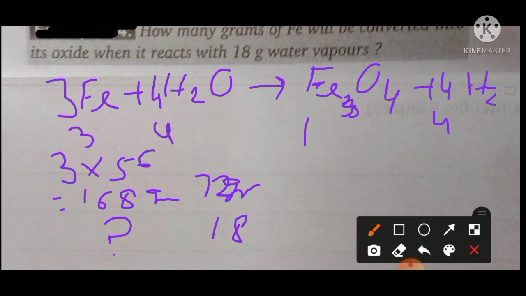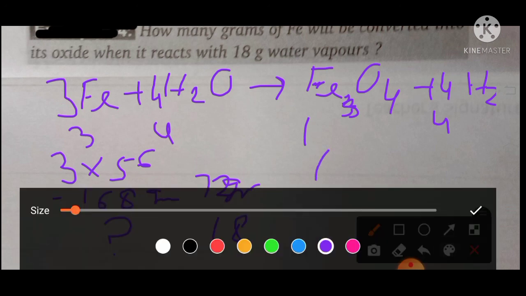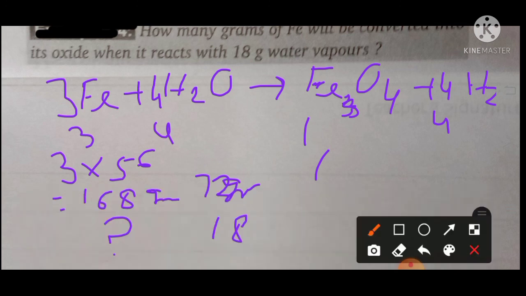So 18 gram reacts with 168 divided by 72 into 18. Now we solve it. It is equal to 42 gram of iron. That is, 42 gram of iron will be converted to its oxide when it reacts with 18 gram of water vapors.